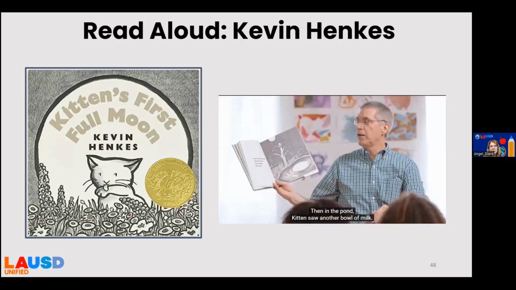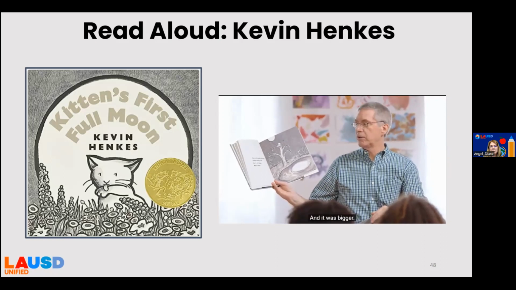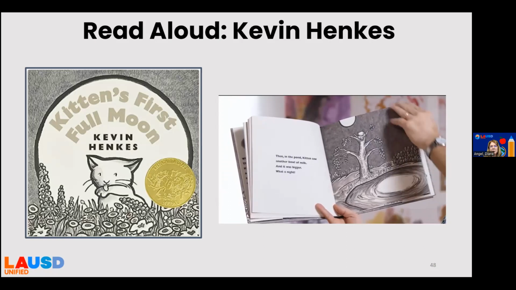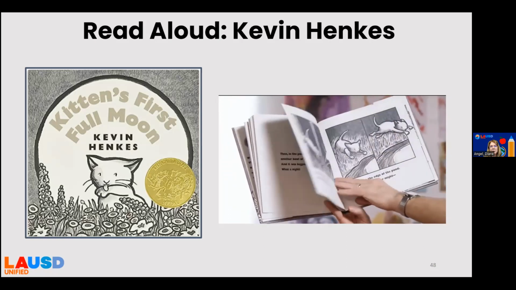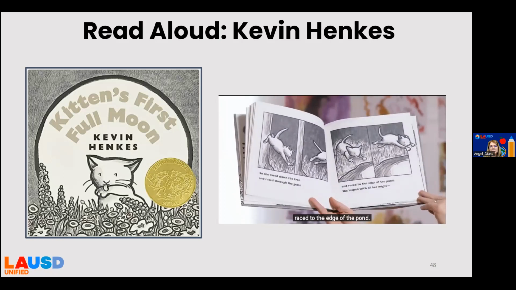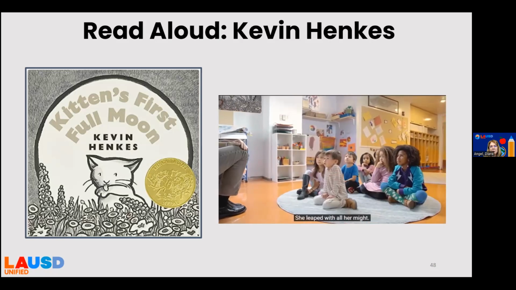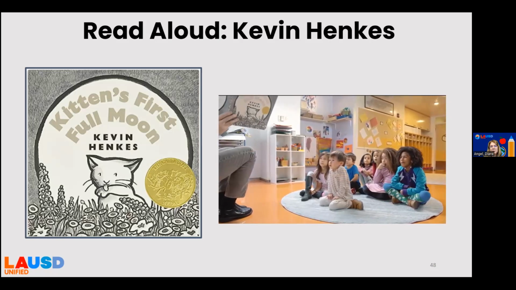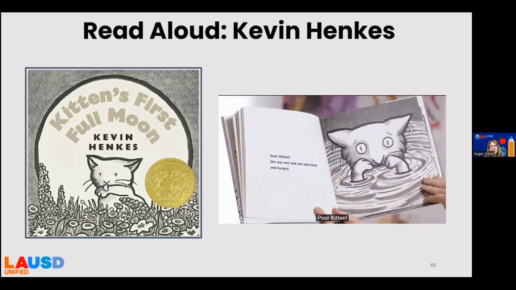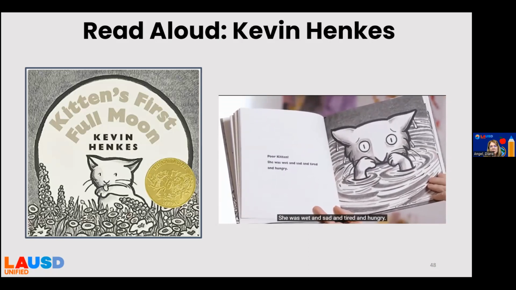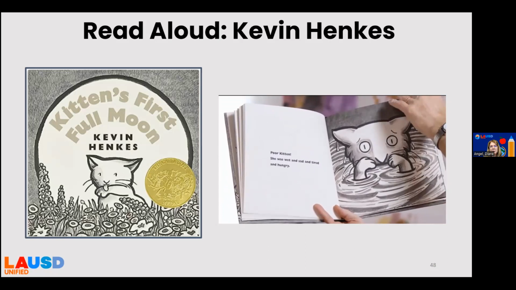Then, in the pond, Kitten saw another bowl of milk, and it was bigger. What a night! So she raced down the tree and raced through the grass and raced to the edge of the pond. She leaped with all her might. Poor Kitten! She was wet and sad and tired and hungry.